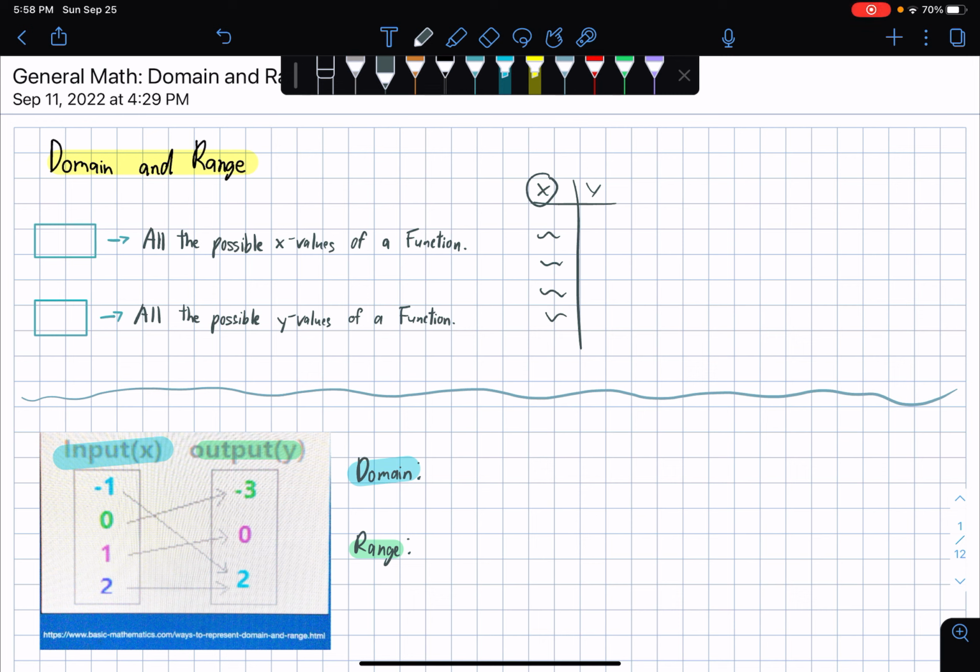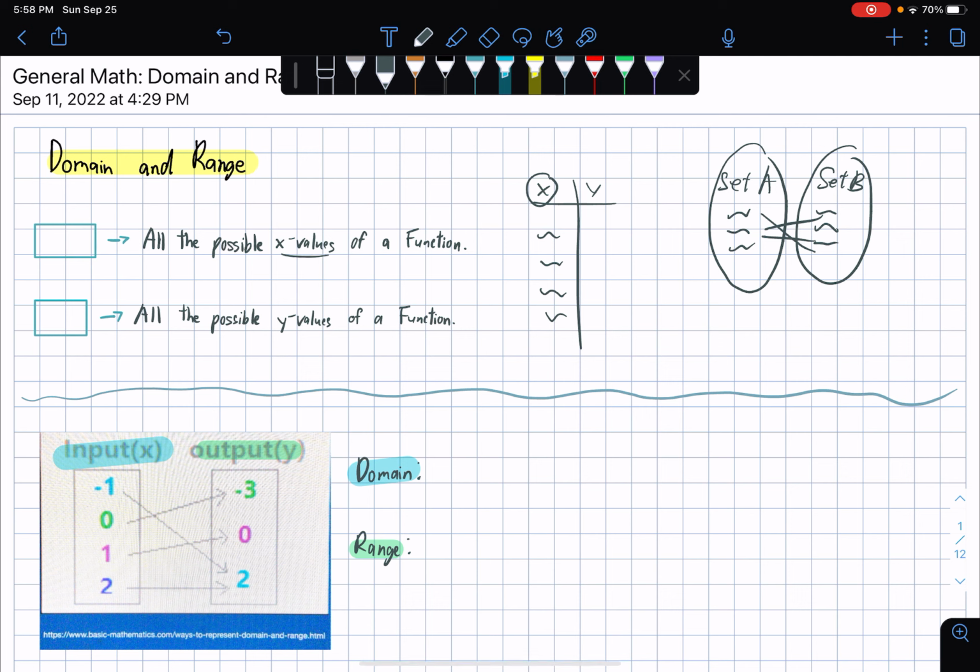Other x values could be written as, say this is set A, and this is set B. And we have elements here that fall to their corresponding sets, and they usually match. So those are two particular applications where we could see x values.